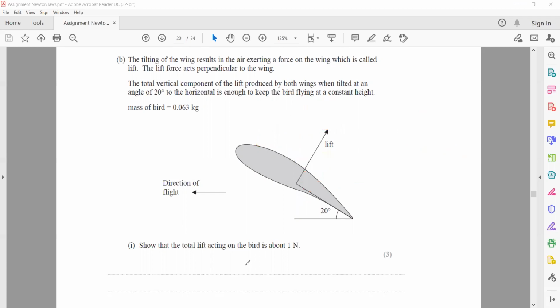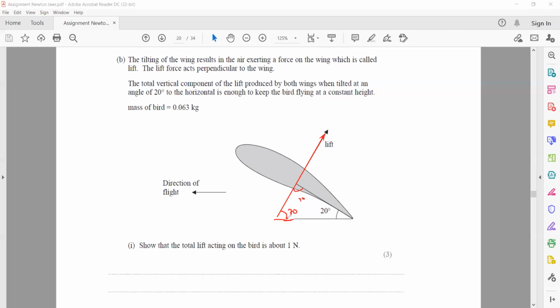Anyone having a doubt? Or you can also do it in this manner. This is the lift, you can extend this line. This angle will be 70 because the total is 90.